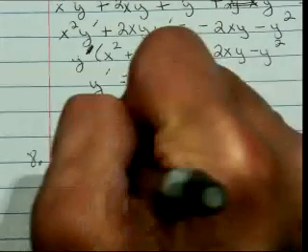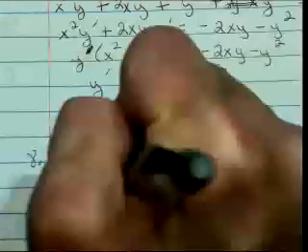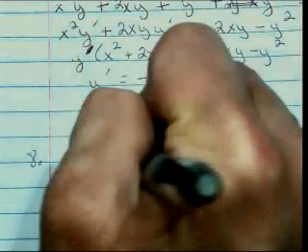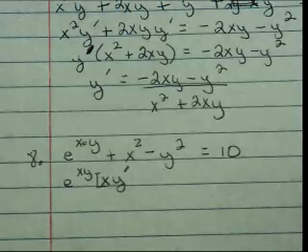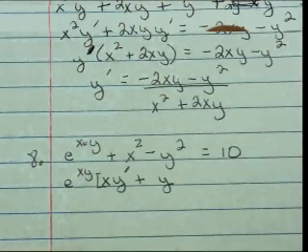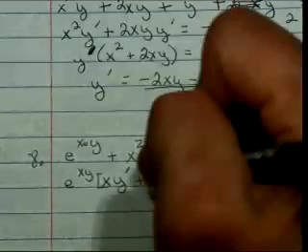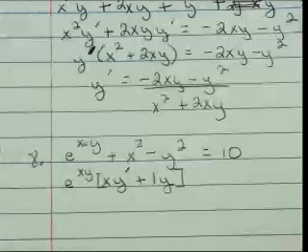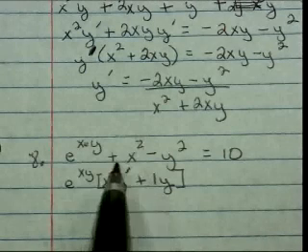The derivative of xy is x times the derivative of y plus y times the derivative of x. And what is the derivative of x? 1. You don't even have to write it, but I did so that you could see this is just the product rule applied to x times y.